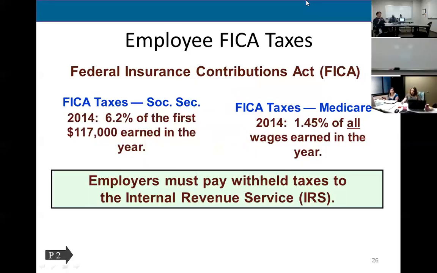Okay, so the law is going to require employers to withhold this amount from your pay to cover costs to the system. Both of these are entitlements protected by the United States Constitution and benefits that we all may draw from, or at least are entitled to draw from.